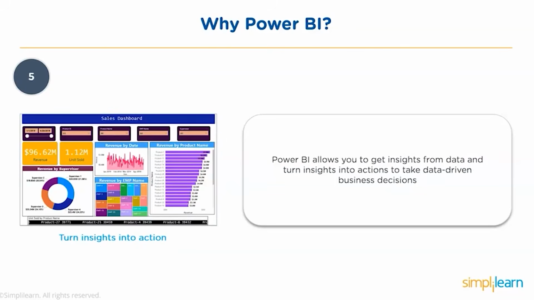Right, so this is just a very quick example of what a typical dashboard looks like. A dashboard is nothing but a page where you have clubbed a couple of multiple reports on a single page, and if you change a single filter on the page, all the reports will honor that filter and the numbers will change accordingly.